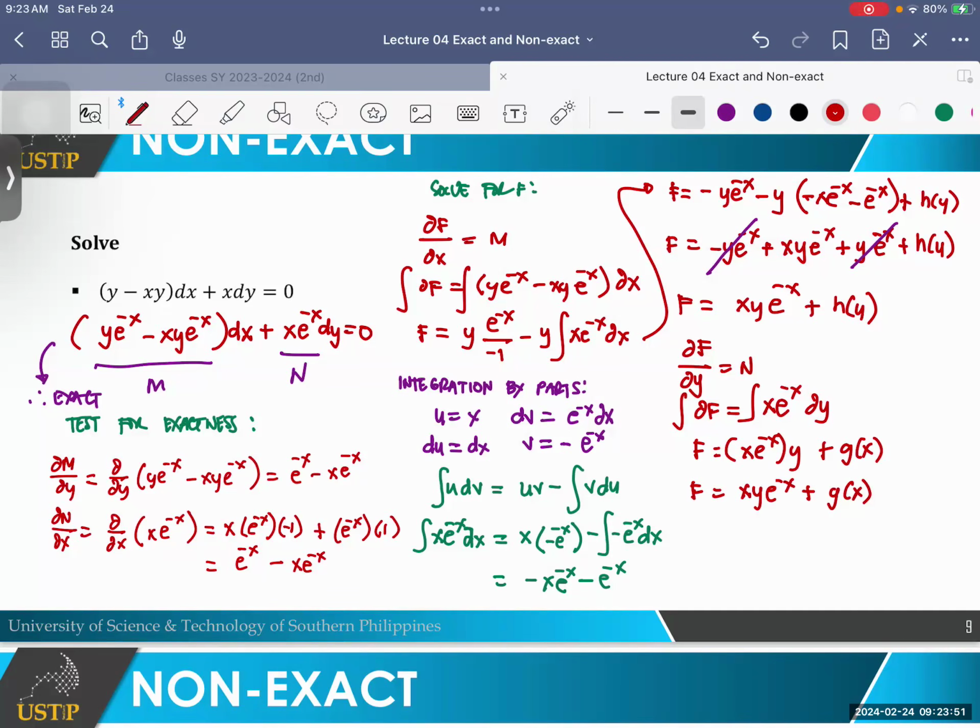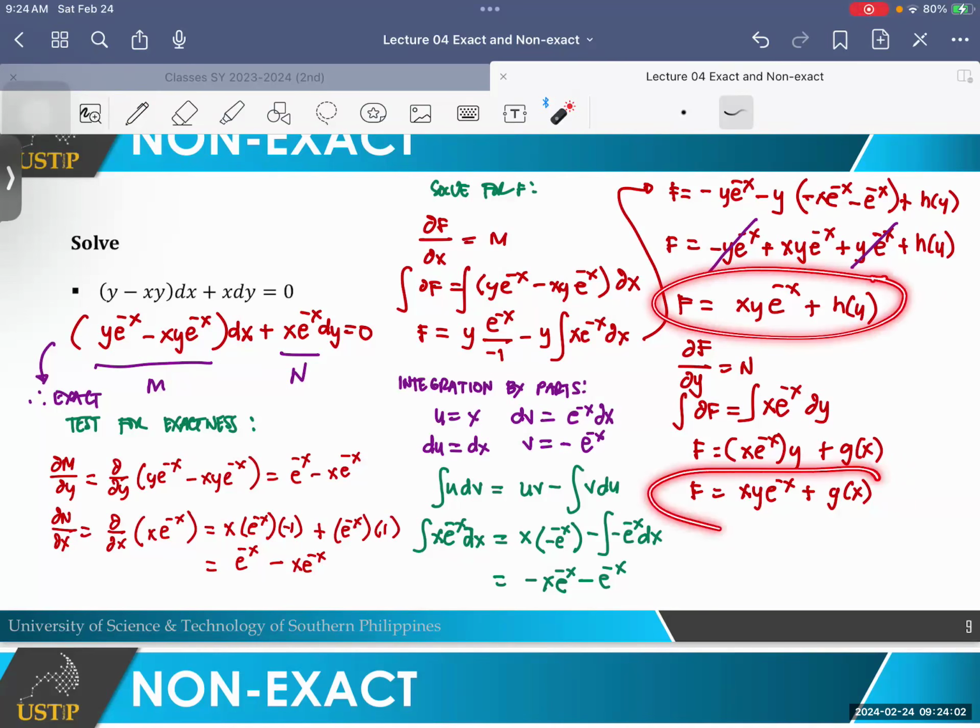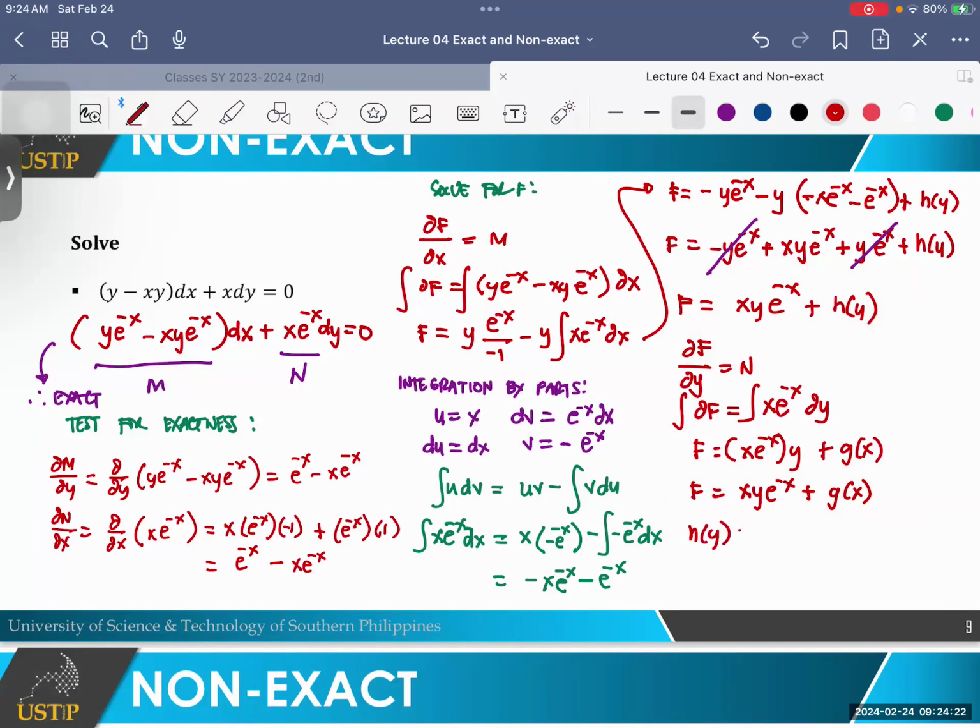Now we have two answers, class. When we equate the two expressions for f, look, they share the same term, xy e to the negative x, and then h of y and g of x. Meaning, there is no function of y alone and no function of purely x present, so those two are 0. So h of y is 0, since there is no function of y present, and no function of x present.